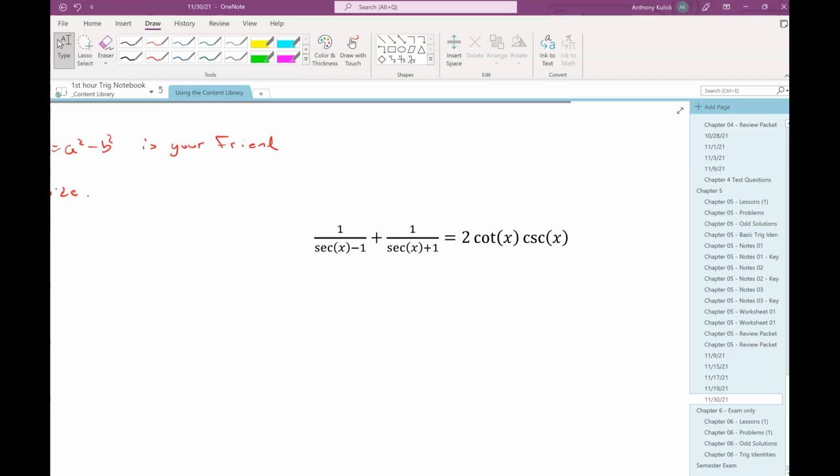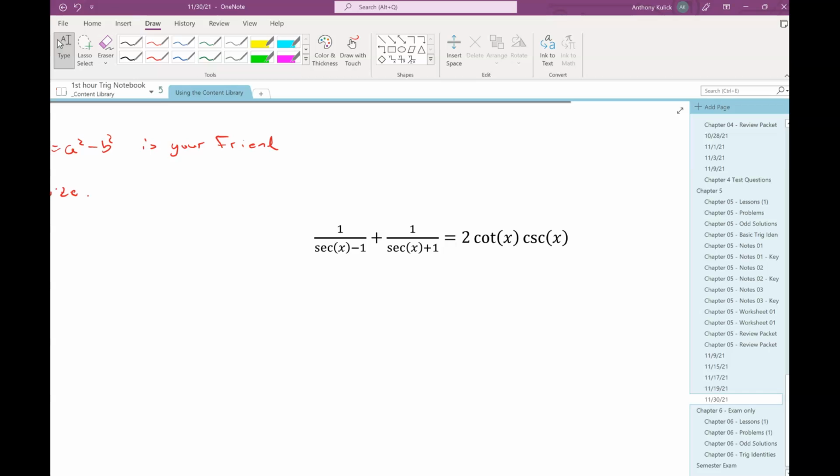What do you suppose, algebraically, is there anything to do? Typically, I like to start by looking for algebraic things to do. You have two fractions that are being added. Common denominator time, right?